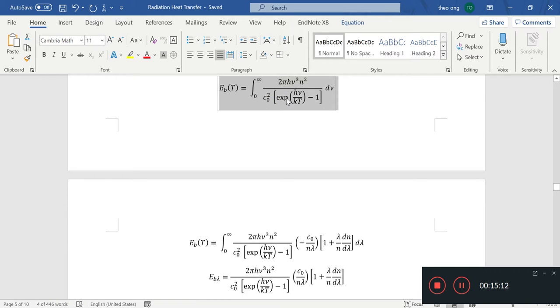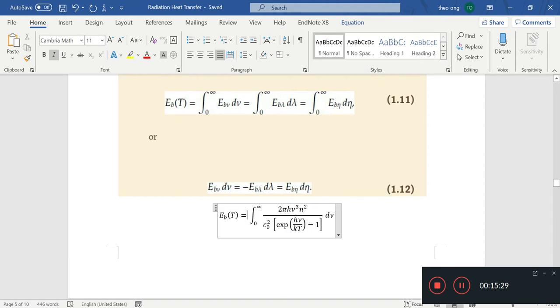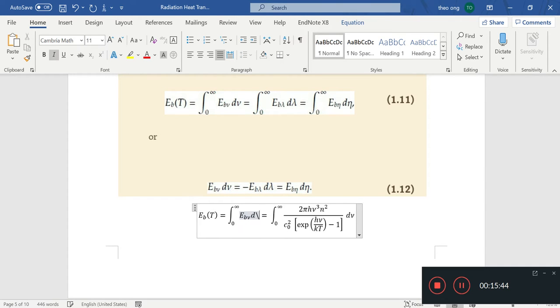But let's say we want to do it in terms of wavelength. So we use this relation: E_b, blackbody, equals, let me just write it to make it clear, the integral from 0 to infinity of E_b nu d nu. Alright, so this is what we get here.